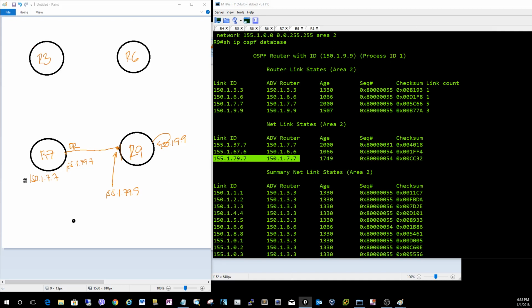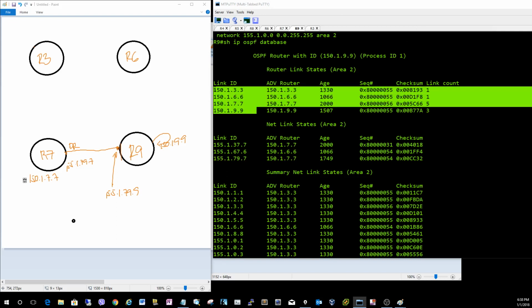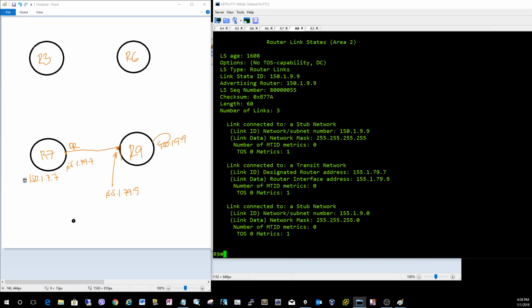Okay, now how do we know it? How do we know, aside from looking at this one, how many routers are actually participating on that segment? Another way to check would be to start querying this DR right here.